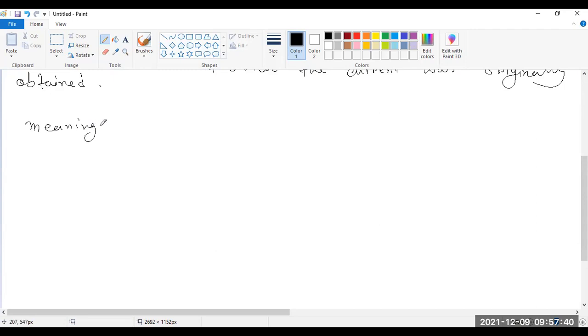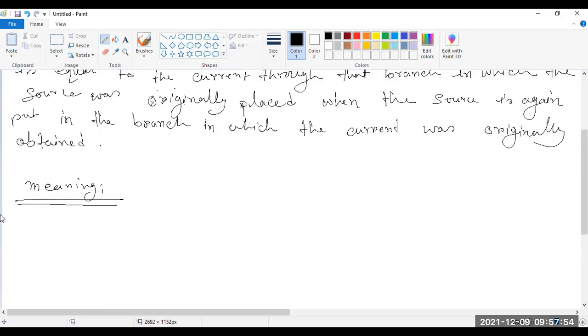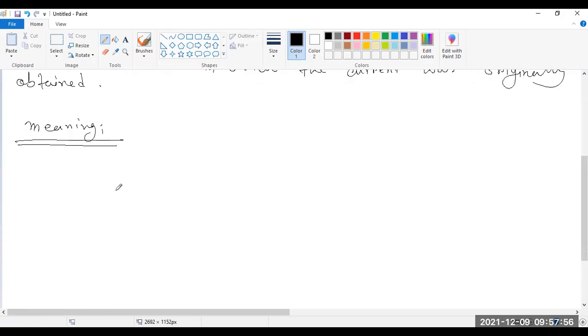Now we can go for the meaning, what they want to say, because there is some complexity in the statement. Then we can go for the meaning, and then we will go for the explanation.